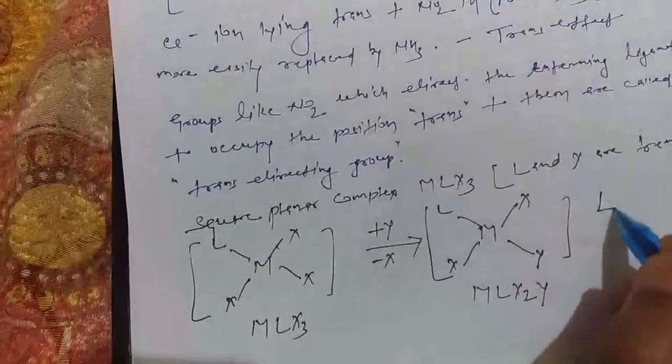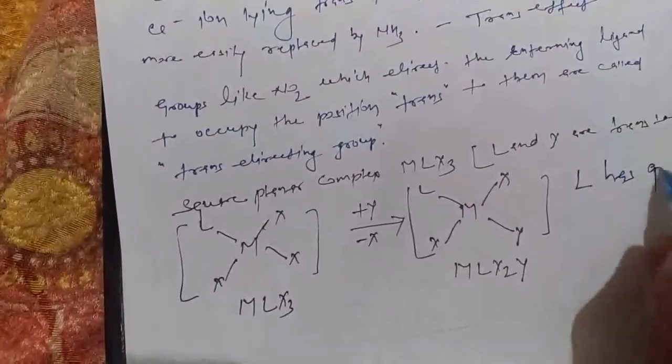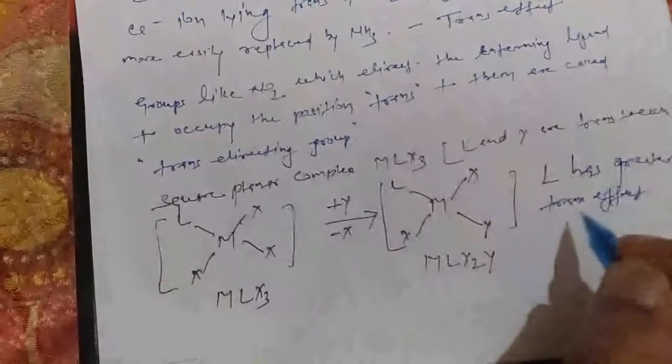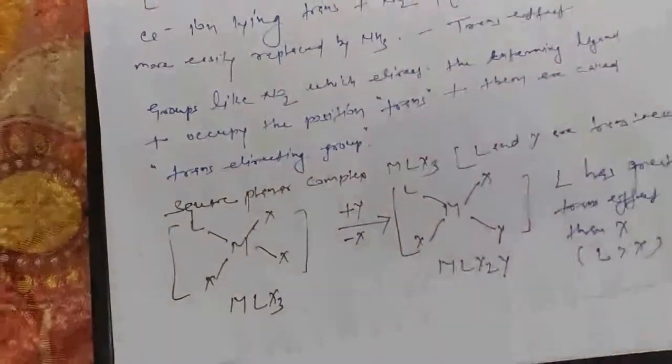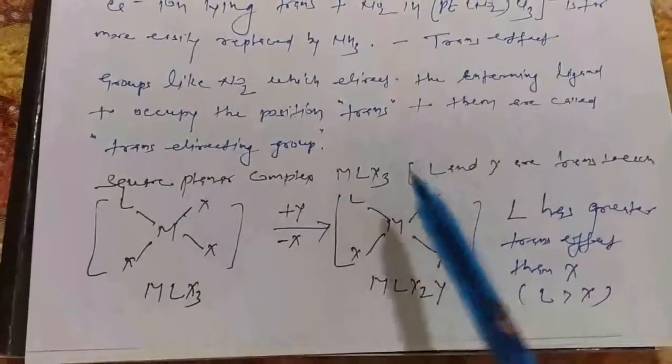This L has greater trans effect than X, so we can write L is greater than X. Got it? This is the general form which I discussed just now, for any square planar complex of the MLX3 kind.